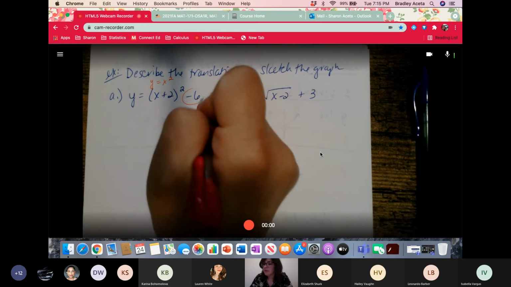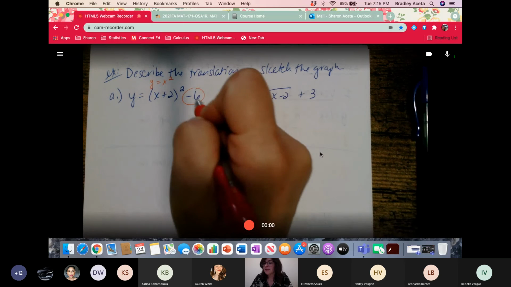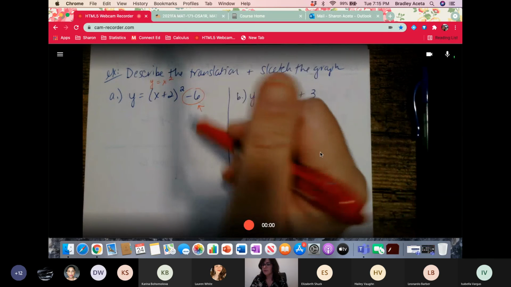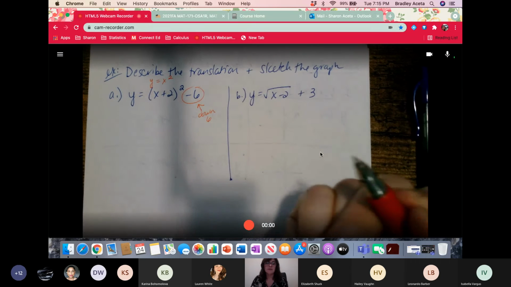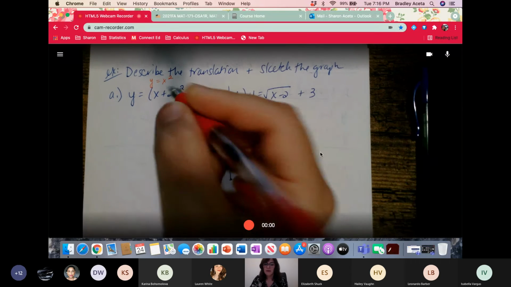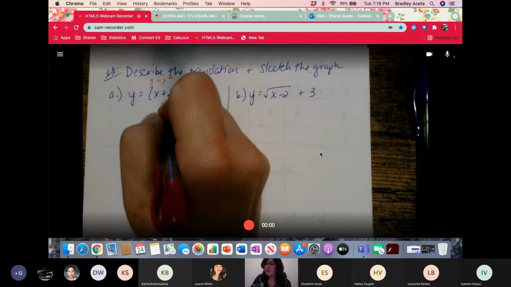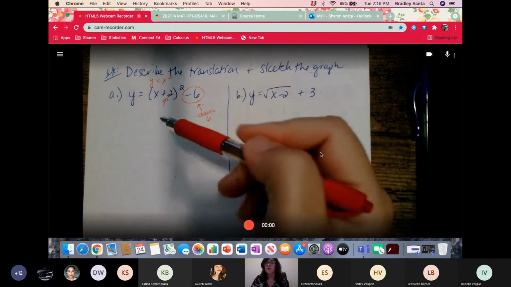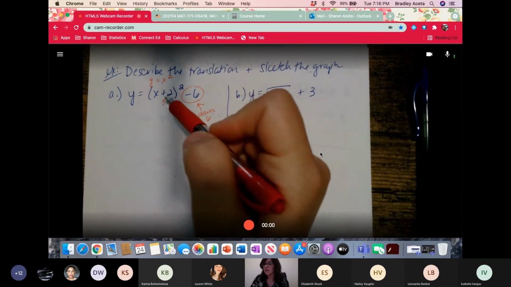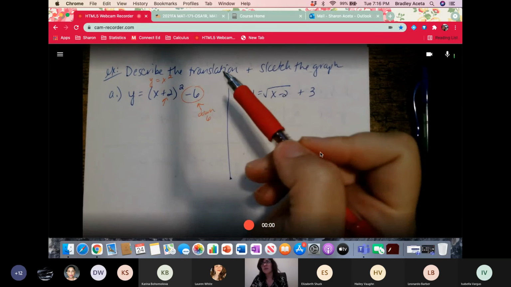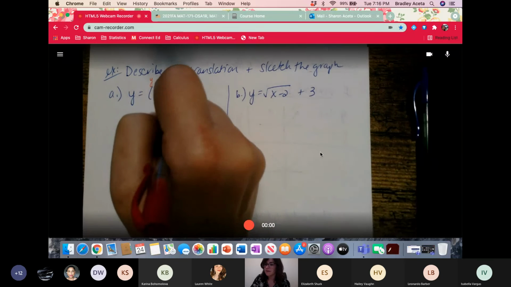So if I'm on the outside right here, this guy is telling me to go up or down. Well, if it's minus 6, you would go down 6. This guy inside the parent, you do what I would say is the opposite, left or right. So here I want to say, oh, plus 2 means right. Nope, nope, go left 2.